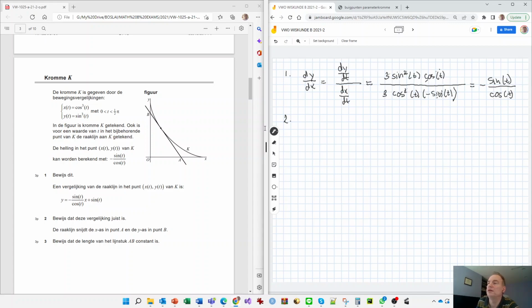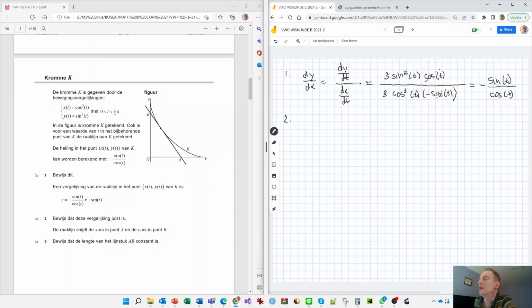So we have to prove that if I substitute this y and this x, then they should be equal. I basically have to prove that this point x(t), y(t) is on the line.